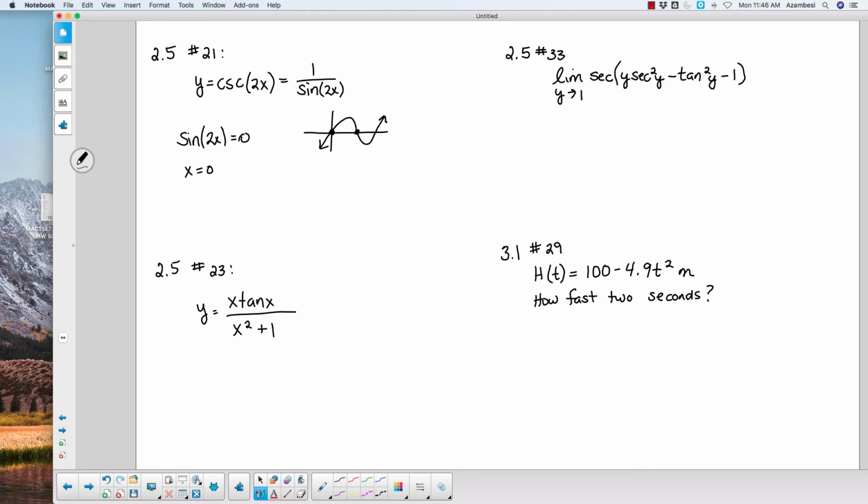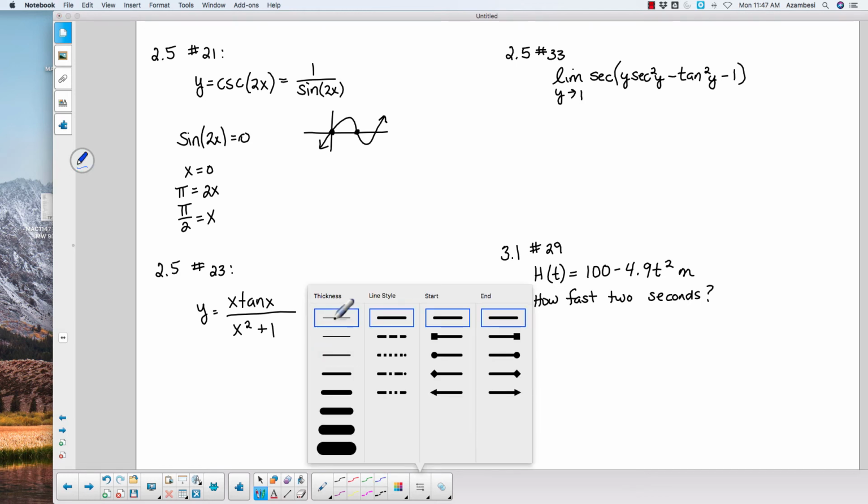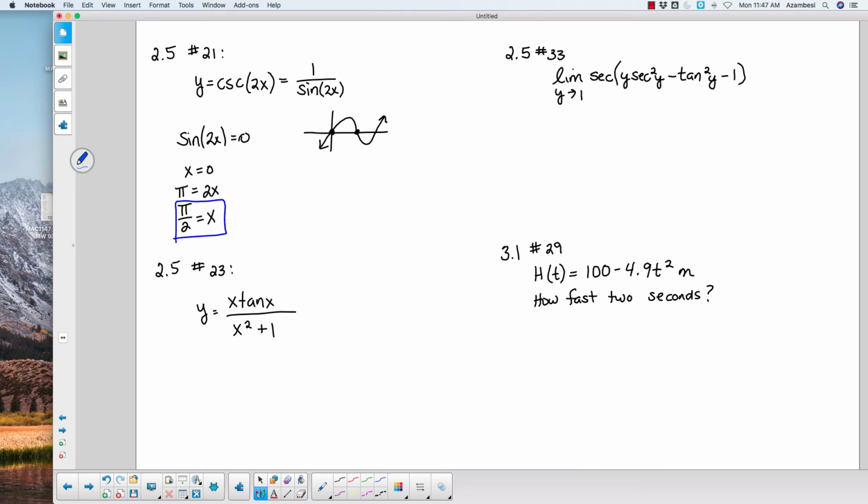So I need to make sure that whatever it is multiplied by 2 gives me pi. So pi would be equal to 2x, meaning that pi over 2 is equal to x. So those are our two places where this function is not going to be continuous, at pi over 2 and x is equal to 0.